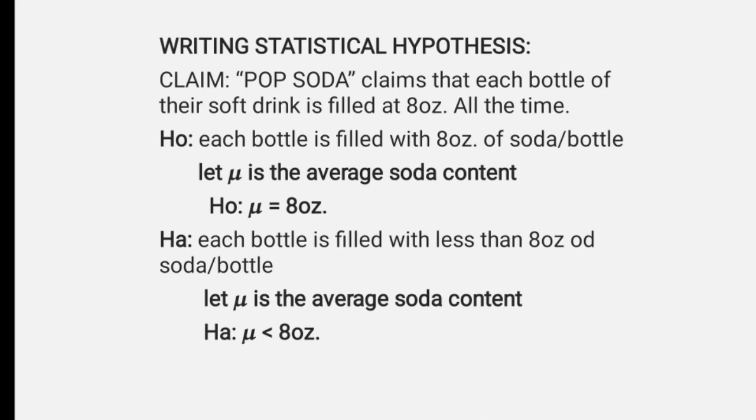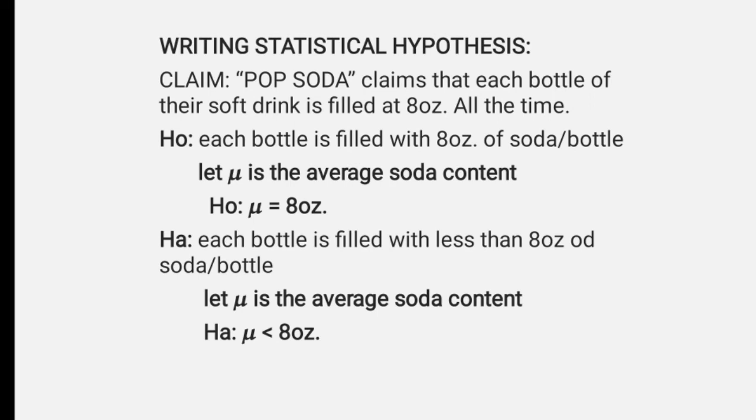So your H null will be mu equal to 8 ounces. So we believe that Pop Soda is indeed filling their bottles with 8 ounces of soft drinks all the time. Now, the alternative hypothesis will be each bottle is filled with less than 8 ounces of soda per bottle.